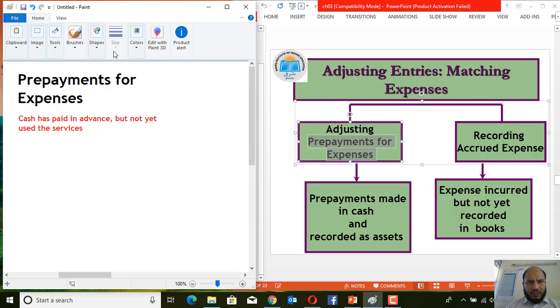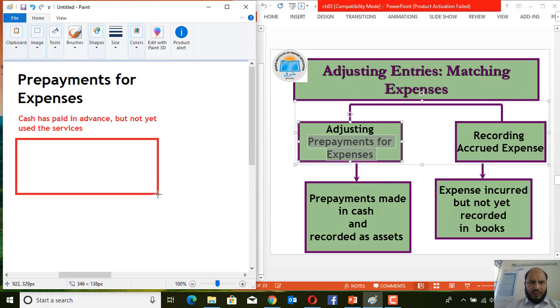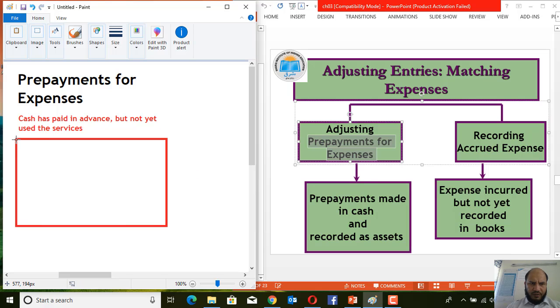So how we will record this into a general journal? Let's have a general journal over here. Consider, dear students, that this is a general journal, and these are the 5 major columns in general journal, like the date column, the description column, and the reference number column, and then we have the column for debit and credit record.